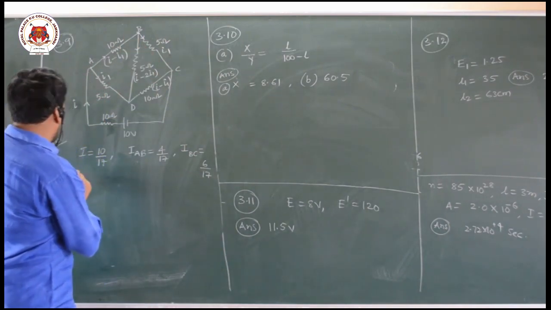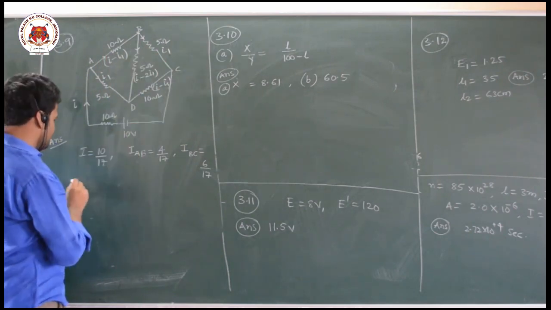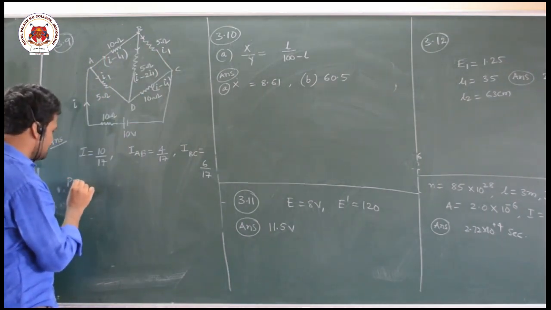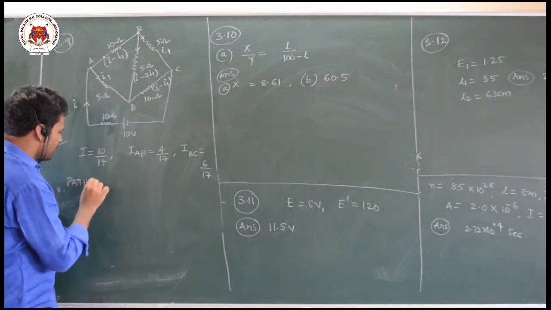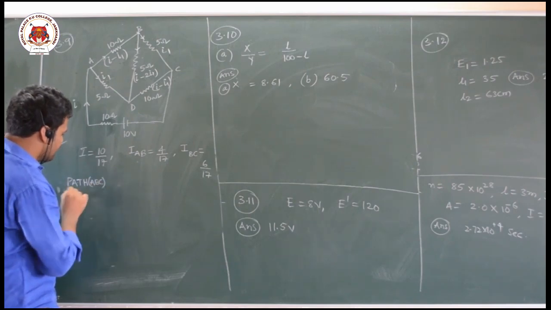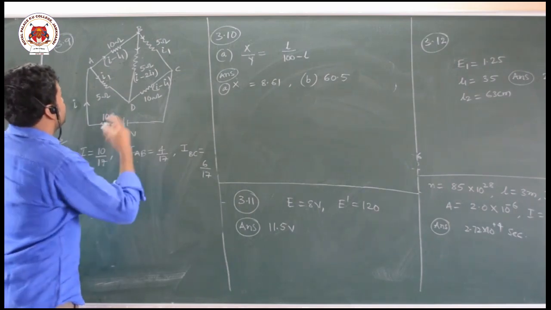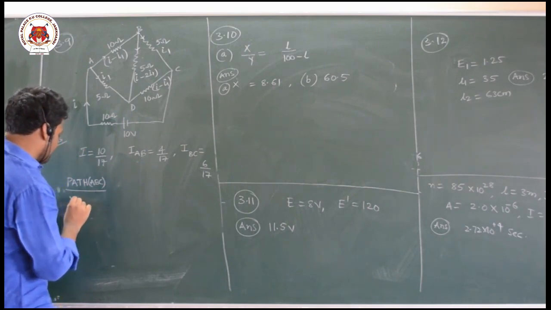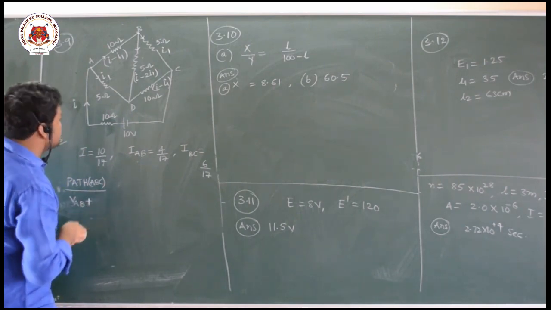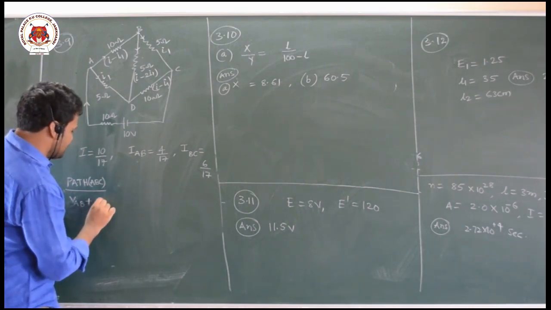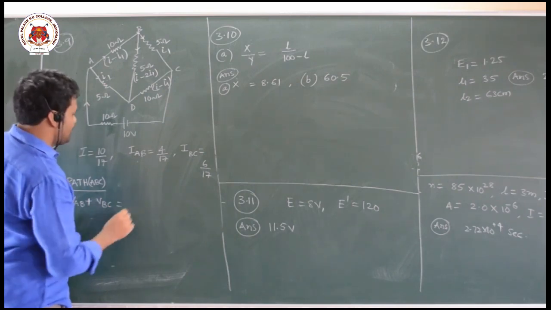Now let us take the path. First I will take the path ABC. From path ABC, the potential difference across AB plus the potential difference across BC is equal to the potential difference across AC.